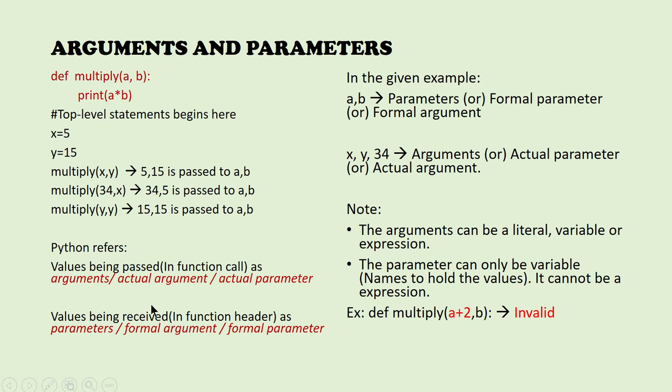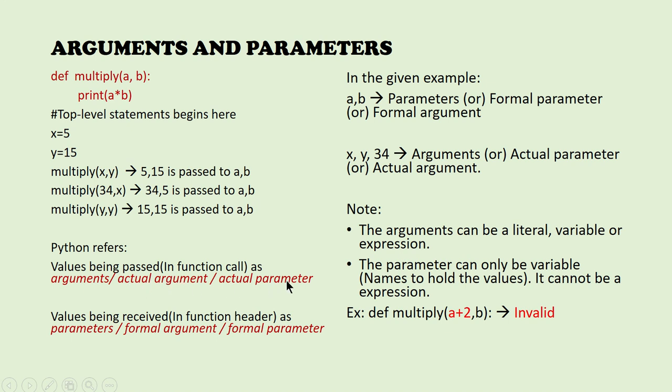Also, you need to understand two more terminologies, that is actual and formal. The actual is nothing but the actual value for which you want to do the particular task. That is the value passed in the function call statement. It is otherwise called actual argument or actual parameter. Try to understand the difference clearly. In the function call statement, those values should be referred to as arguments or actual arguments.